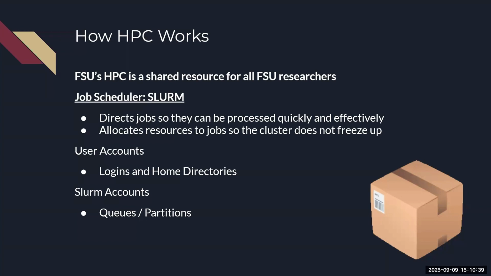We'll talk about how allocating resources works, but the best analogy I have is that your data and program are in a box, and when you're shipping that box, you need a label of where it's going, who it's going to, and how much it weighs. All of that information goes on the label itself, and that's what we'll be doing as we go through: making sure we're labeling our data and program correctly so that we're allocating the right resources.